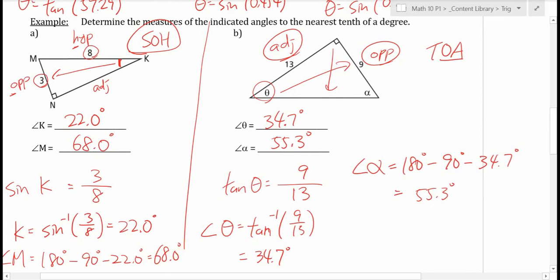Again, the first step you should do is to name the sides, check what's given to us, and use the appropriate trig ratio, either sine, cosine, or tangent, depending on what's given. In this case, adjacent and opposite are the sides given to us, so we have to use tangent. In the other case, hypotenuse and opposite are given, therefore we have to use sine.